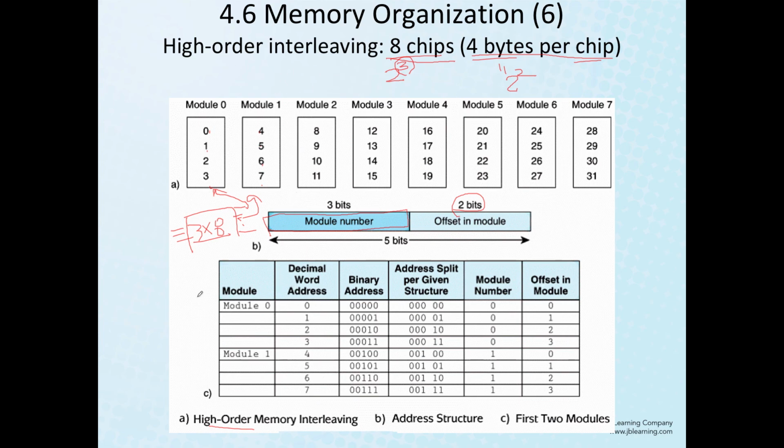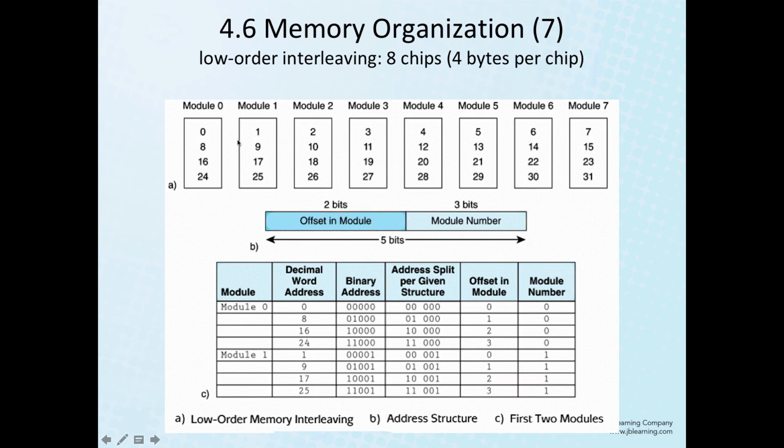Now you can see this in table form as well. High order interleaving means the most significant 3 bits are used to select the module, and the least significant 2 bits select a byte within the chip. Then you have a module number, and we have a decimal address space like that, depicted here.